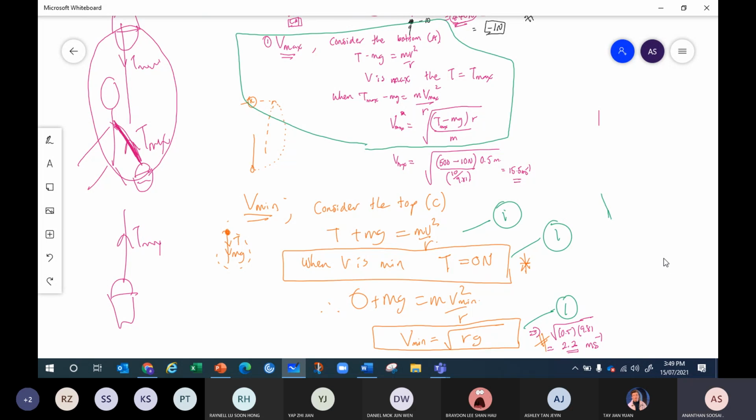Okay, so you have Vmax, V minimum. V minimum is root of rg. Okay.